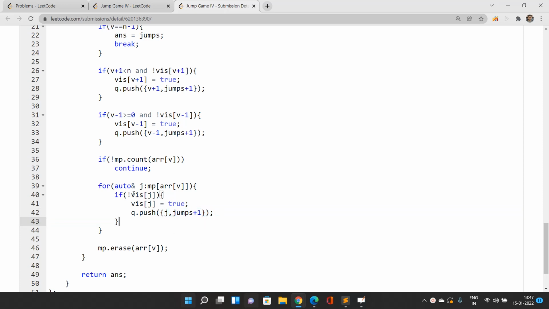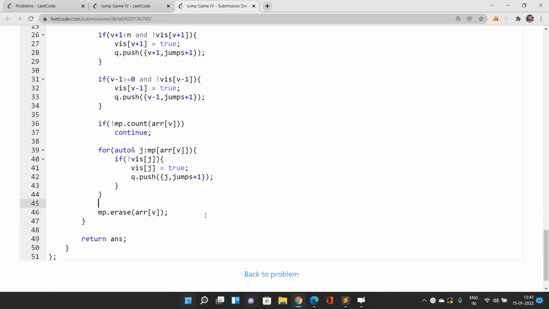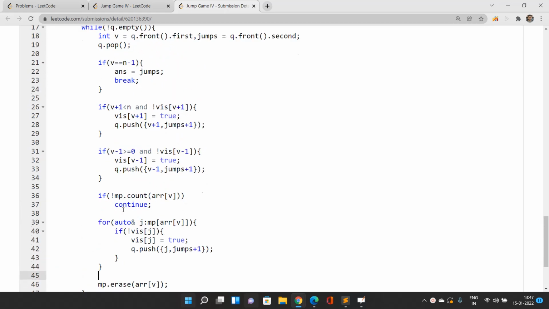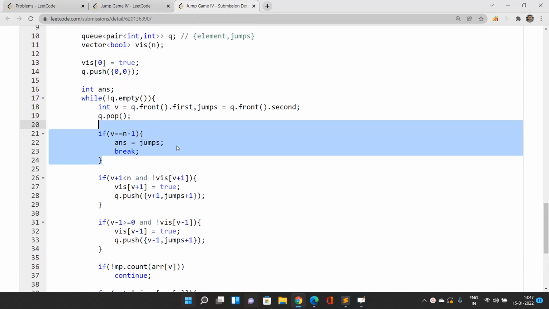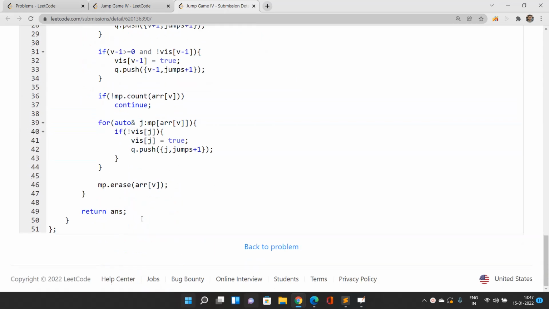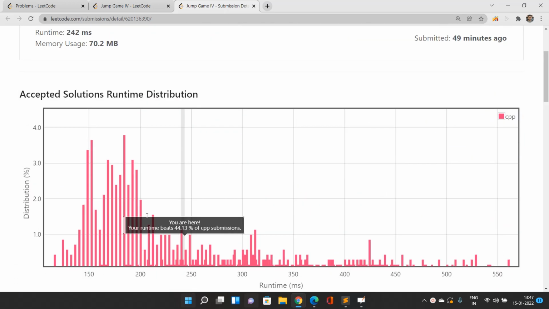Once that unique value has all its positions visited, there is no need to visit them again, so I will erase that entry from the map. This will reduce the time complexity by a large amount. Finally, if we reach the end position, we are done, and we return the answer. This will give you all test cases passed.